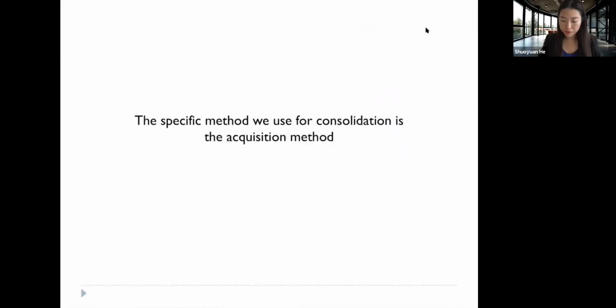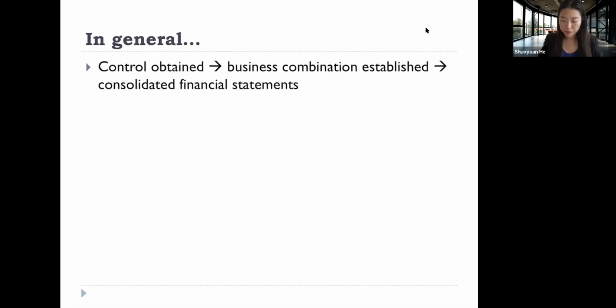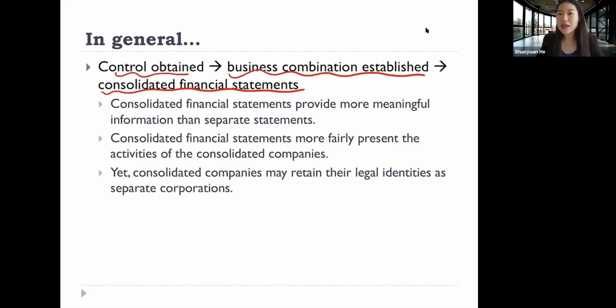So the specific method we use for consolidation is called the acquisition method. In general, when control is obtained, a business combination is established. And then when a business combination is established, we need to consolidate financial statements. Consolidation has a lot of advantages.